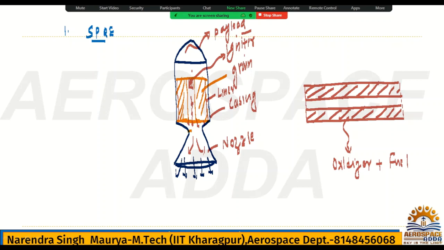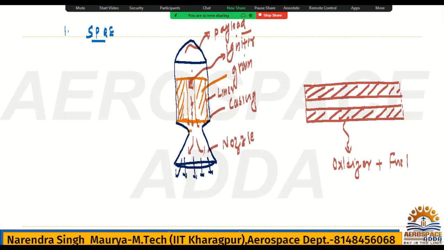If you check the advantages of the SPRE, it is very simple to design, and very easy to handle and store, unlike liquid propellant. Why is storing very easy? Because we do not have an extra vessel.